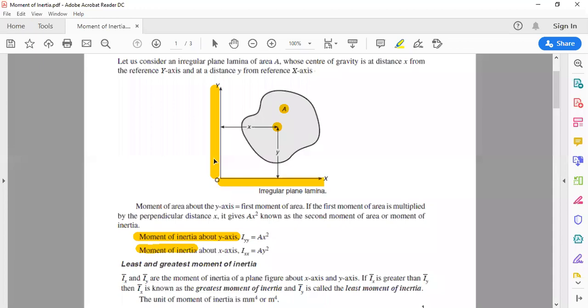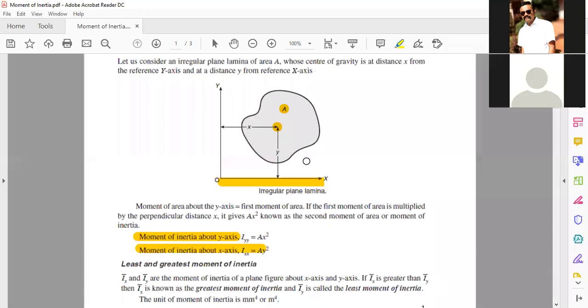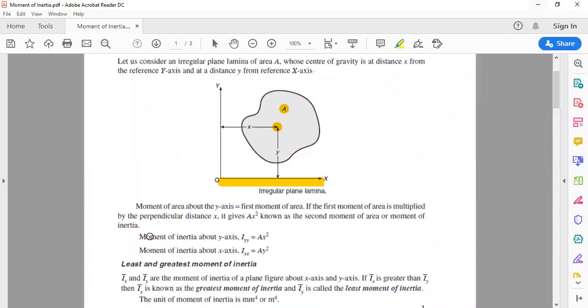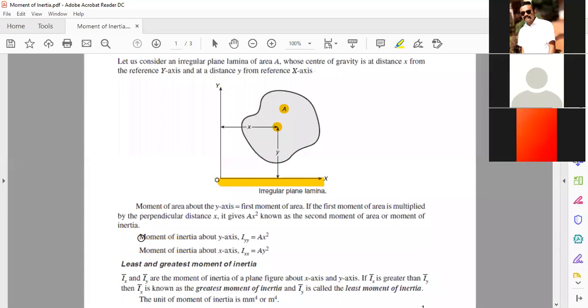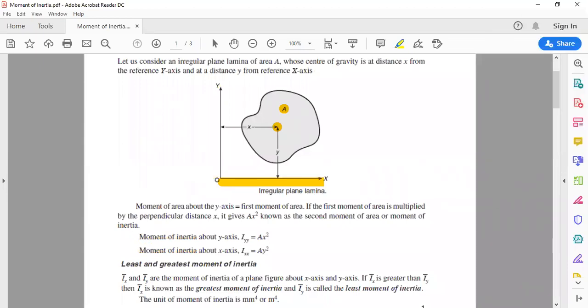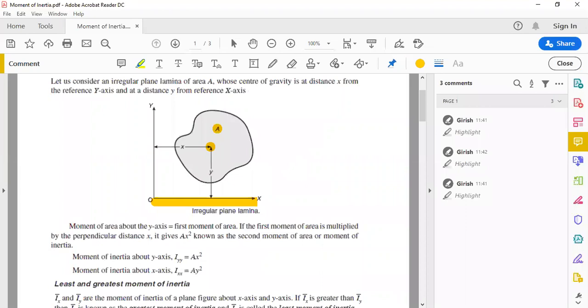So moment of inertia about x-axis is area into y, or a into y, which is first moment of area. Second moment of area is a into y, that is ay square. So second moment of area we have calculated with respect to both x-axis as well as y-axis.